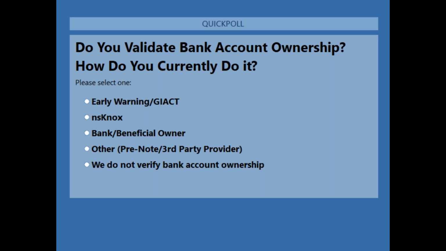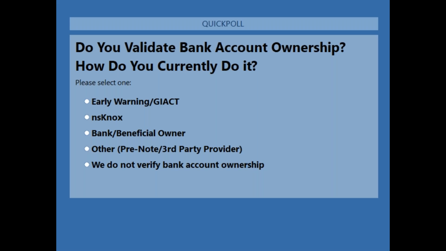NS-Knox is another company out there, and they also do it for international. So Early Warning and GIACT is US only, but NS-Knox is US and international, and that's because they use a pre-note process to validate bank account ownership.